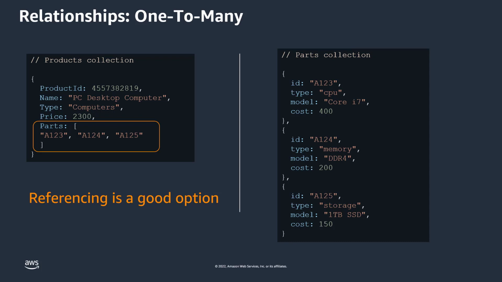In this case, we can keep the array of object IDs that link to the documents that have the information about the part on the one side, because we don't have a large number of documents to link to. Along with keeping the document size small, another advantage of this model is that it's much easier to paginate the parts listing, as the application can retrieve just a subset of the documents more easily.